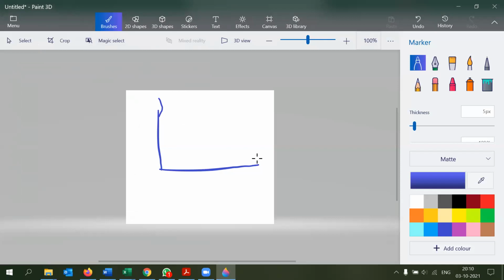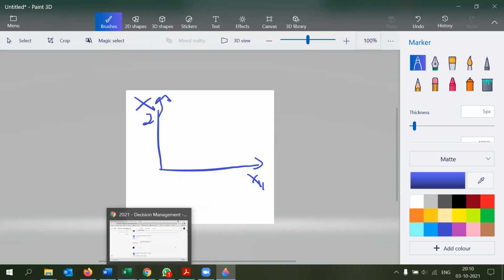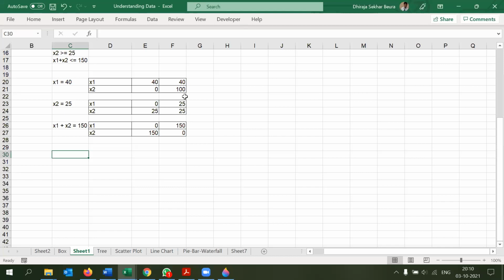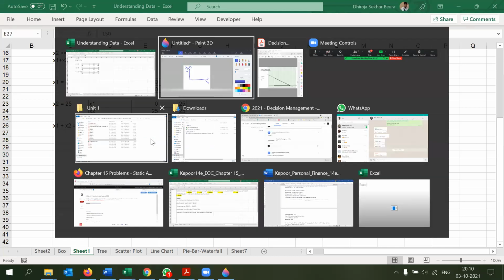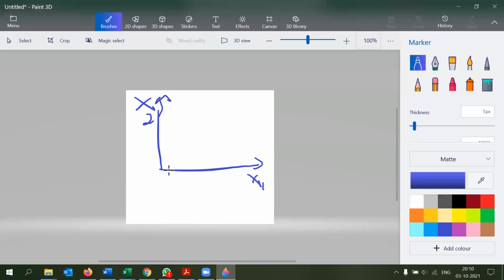So I have a graph here. This is x1, this is x2. Now in this, suppose I put the points here. Always look at the points which we have, because we have to make sure all the points are covered. So we have up until 150, yes. So let's take 10, 20, 30, 40, 50, 60, 70, 80, 90, 100.